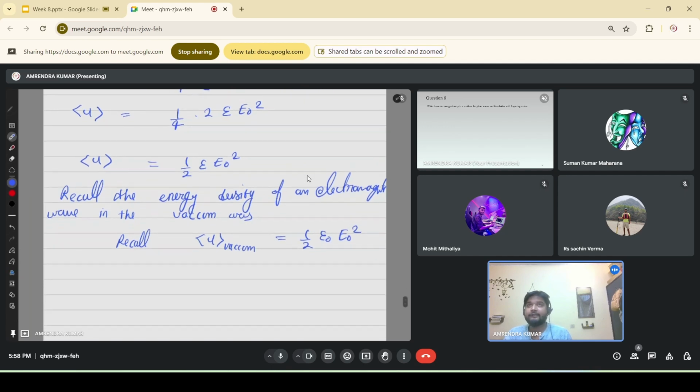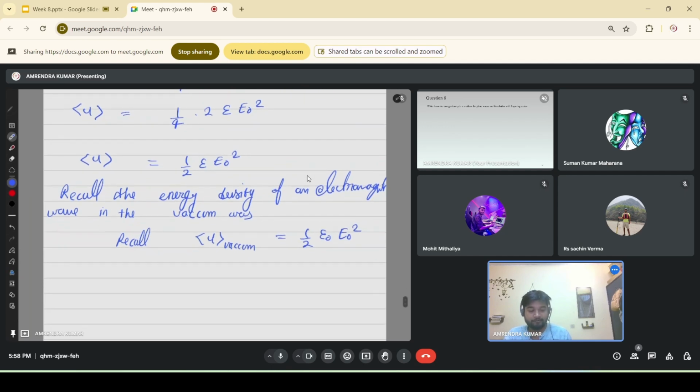So you can see there is this change. Now the Poynting vector, now the magnitude.